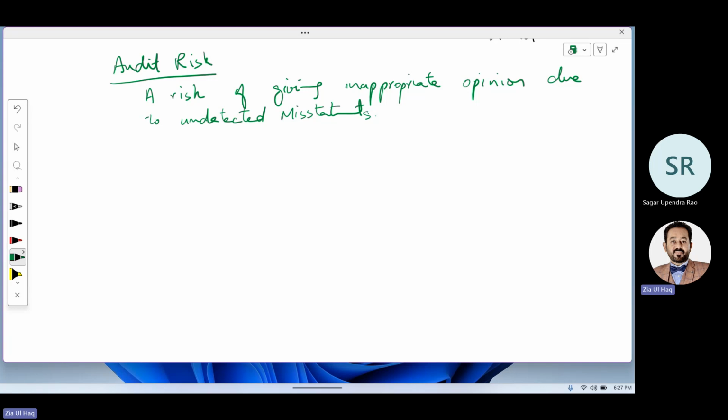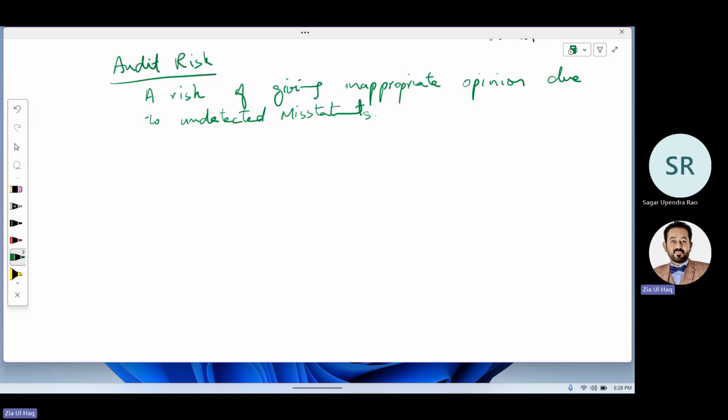If he is unable to detect misstatement, he will say financial statements give a true and fair view, while in fact, financial statements were not true and fair. This means our opinion could go wrong. The chance of giving a wrong, inappropriate opinion is called audit risk. And we have to assess this risk at the planning stage.